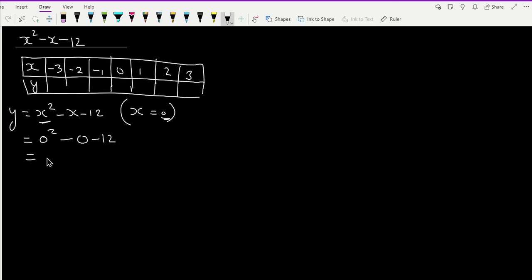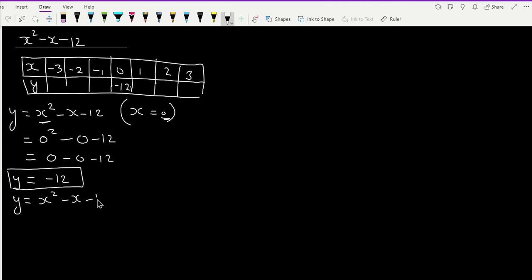So 0 square is nothing but 0 minus 0 minus 12. So I will be getting minus 12. So y is equal to minus 12 for the value of x is equal to 0. So I will write here minus 12.